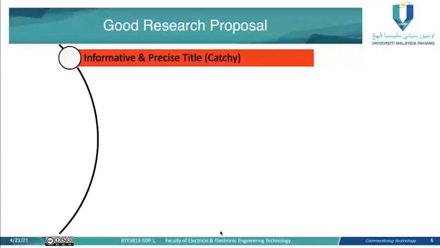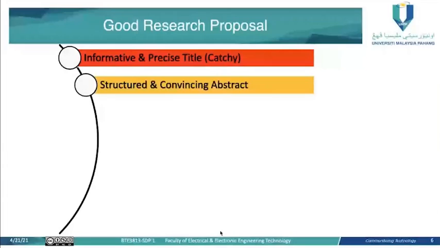The second should be a structured and convincing abstract. One of the parts of your proposal should be the abstract, and people, either your supervisor or the panel and the reader, also for you, when you go for the literature review part, the first part you read in any paper is the abstract.